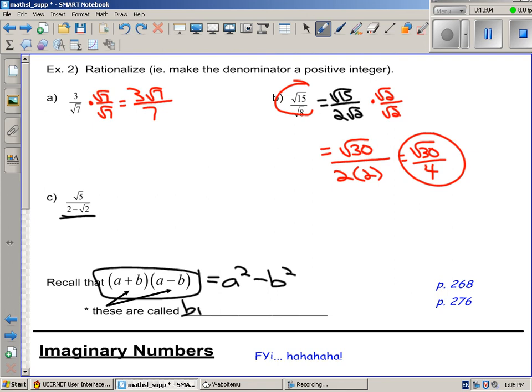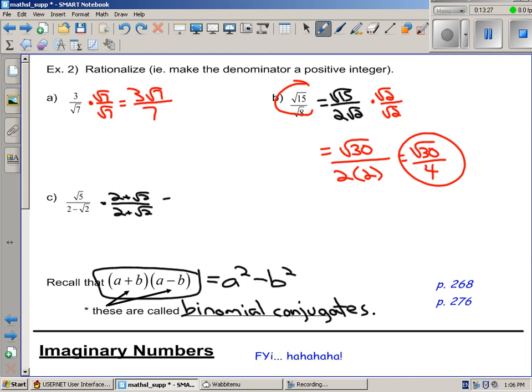Remember that these are called binomial conjugates. So in this case, we're going to use the conjugate of 2 minus root 2, which is 2 plus root 2.